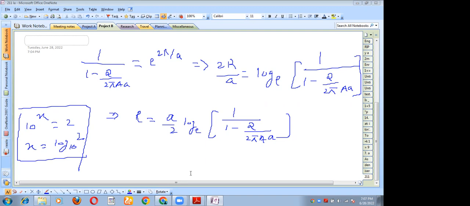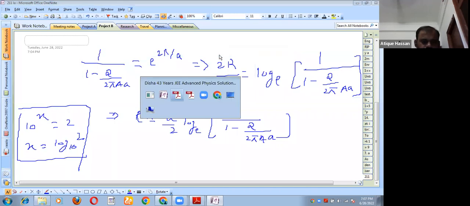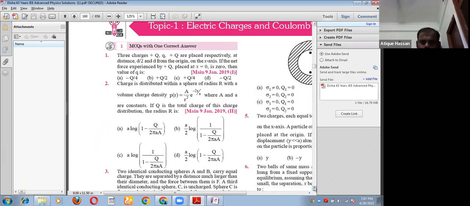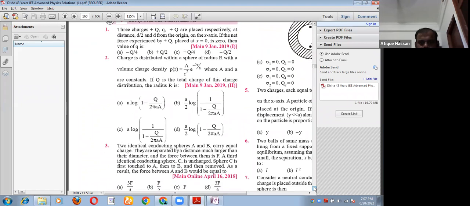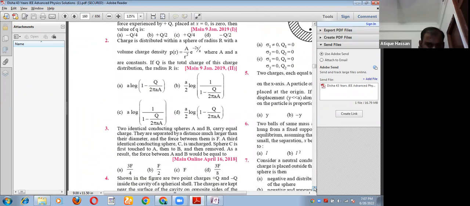All right. Okay. So now let us move to the next question. This was a JEE Main 2019 question. If you are a JEE aspirant, you must know integration and differentiation. You have to combine over that.